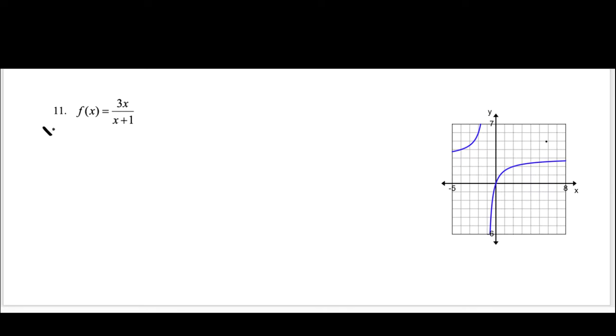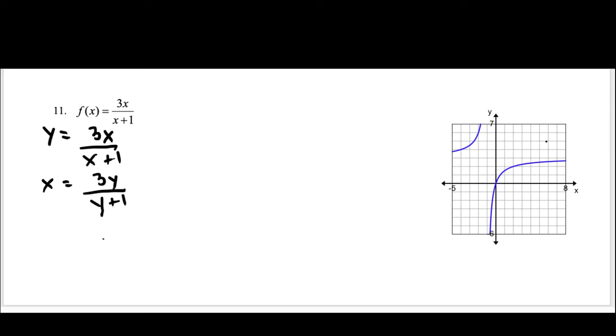So y equals 3x over x plus 1. Interchange the x and the y variables. So x equals 3y over y plus 1. Okay. And then solve this new resulting equation for y.